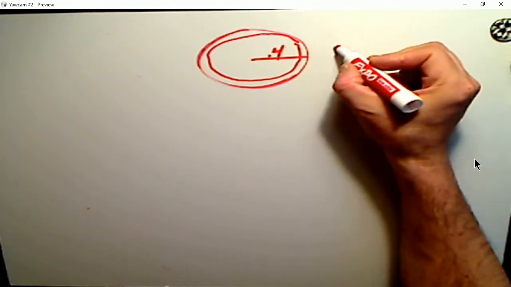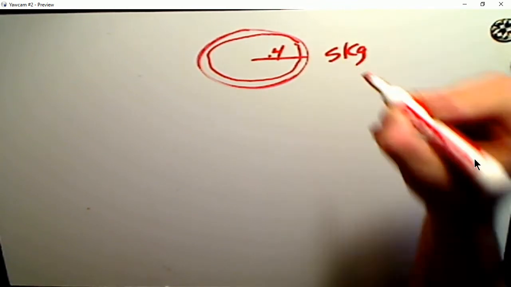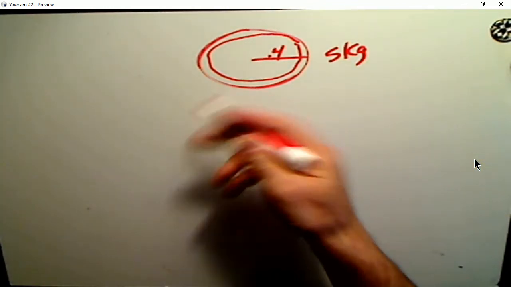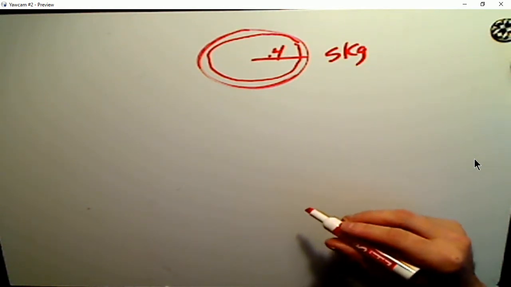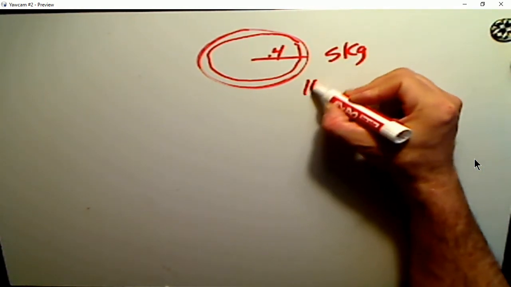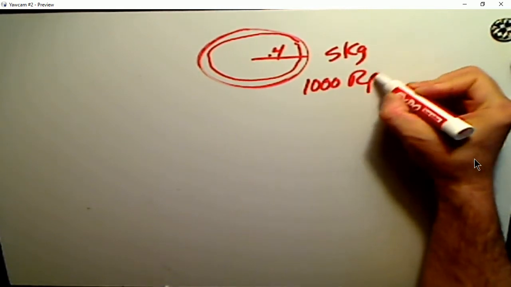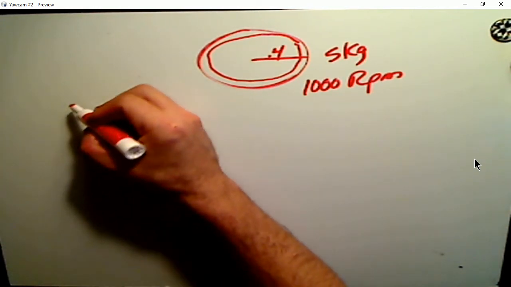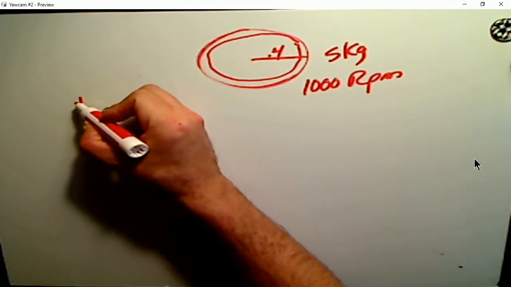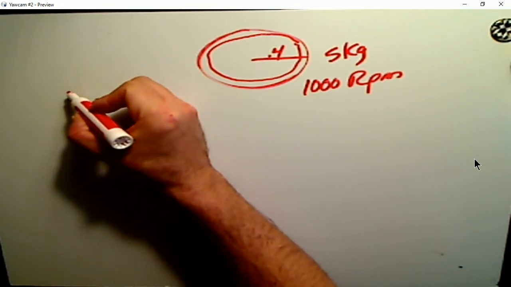It's 5 kilograms. So you could think of this as like a tire. And it's going at 1,000 RPM. So tell me, what is its angular momentum?